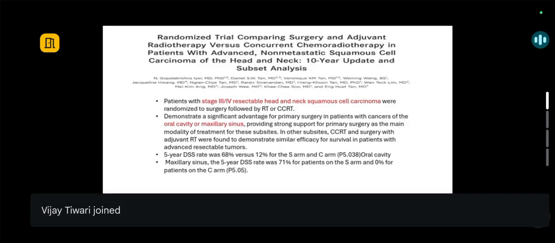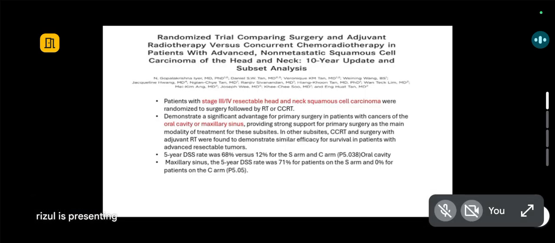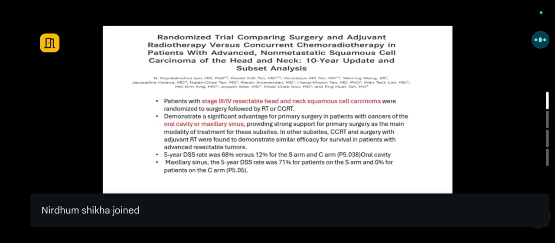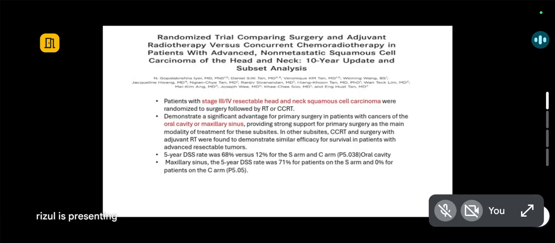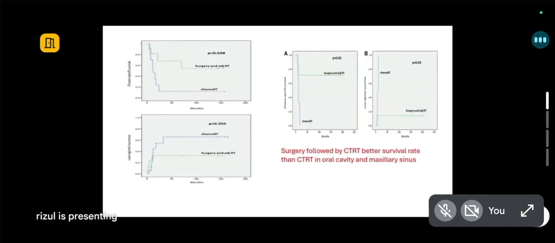They have mentioned that in all advanced stage head and neck cancers, specifically in disease involving the oral cavity and maxillary sinus, the 5-year survival rate was much better if the patient underwent surgery followed by radiotherapy as compared to concurrent CTRT. It has been shown in the diagram and in this graph also, that surgery with adjuvant RT has a better disease specific survival rate and lesser chances of loco-regional recurrence.